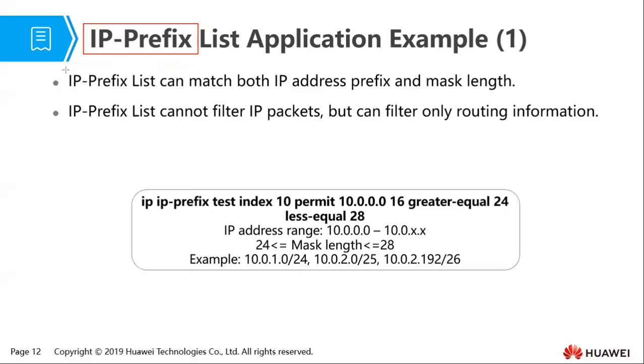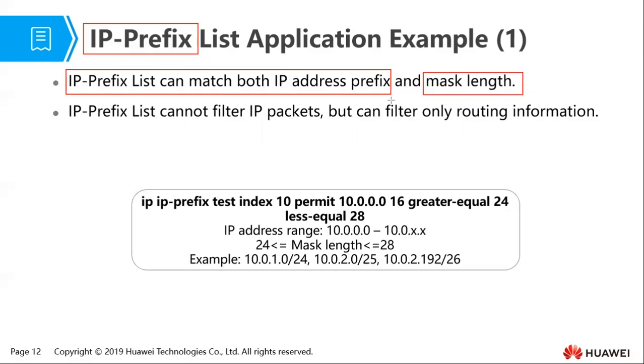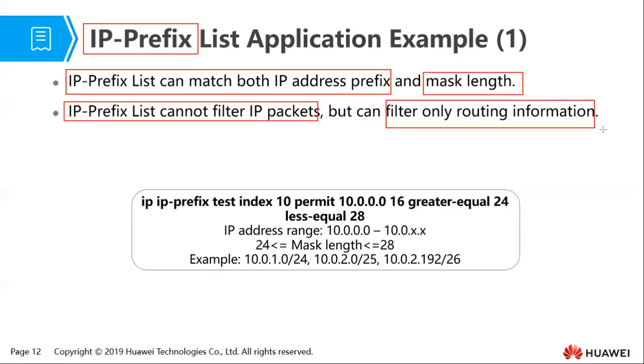Generally, an IP prefix list can match both the IP address prefix and the mask length. IP prefix lists cannot filter IP packets. They are only used for filtering routing information.